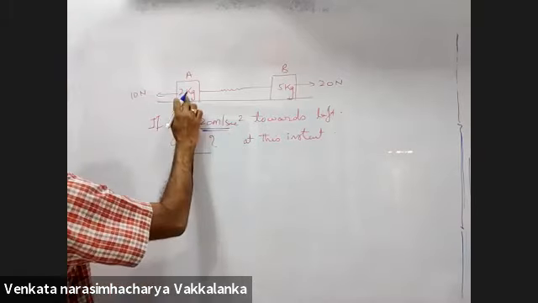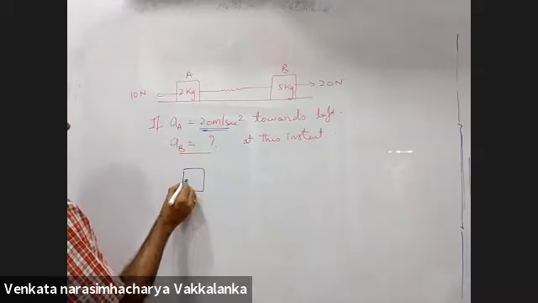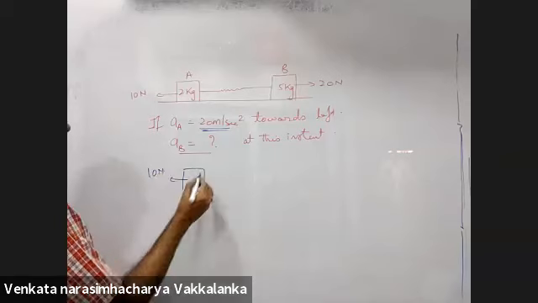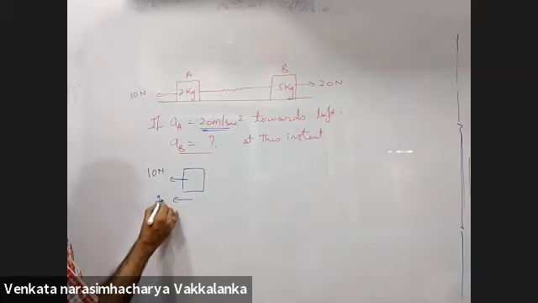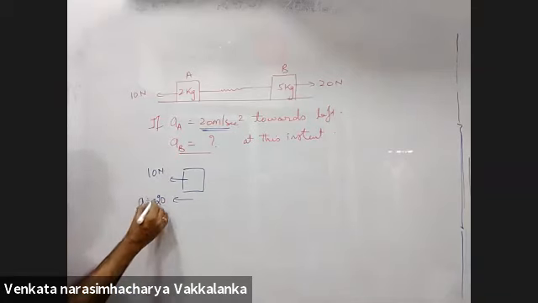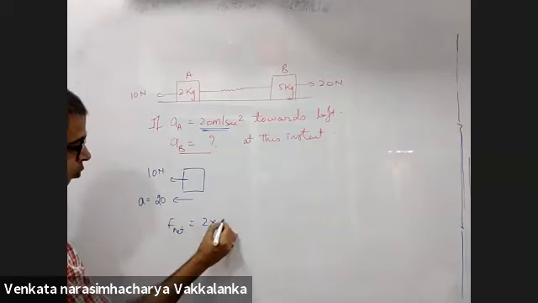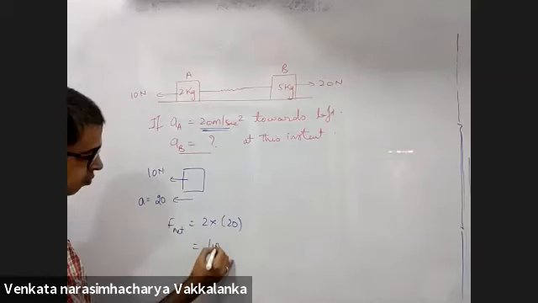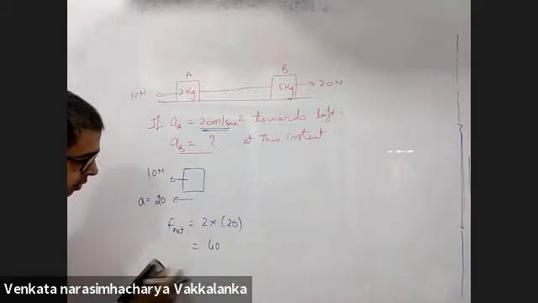If acceleration of A is 20 meter per second square towards left, should I wait? No, sir, you can start. This is 10 Newton and it has an acceleration of 20 meter per second square. So net force F net is equal to 2 into 20, which is 40 Newton.